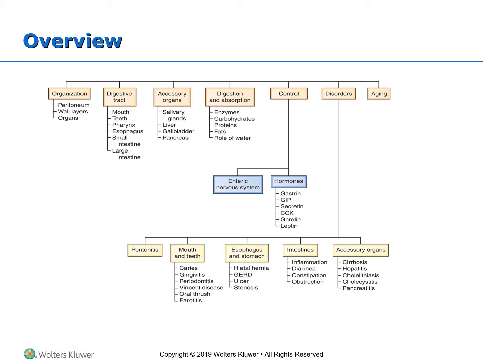We'll cover disorders of peritoneum, mouth and teeth, esophagus and stomach, intestines, both small and large, along with disorders of accessory organs. And we'll quickly cover also the aging of the digestive system.